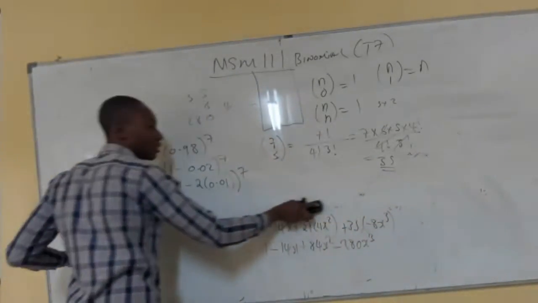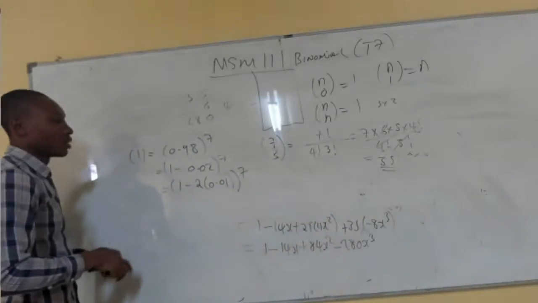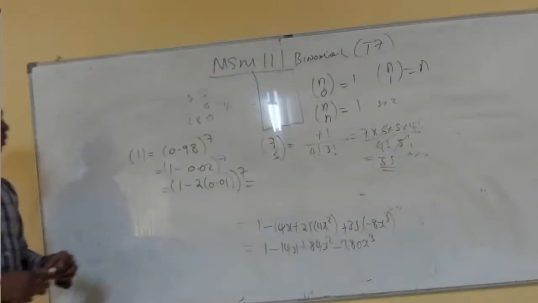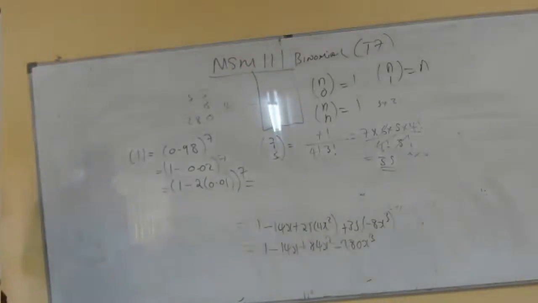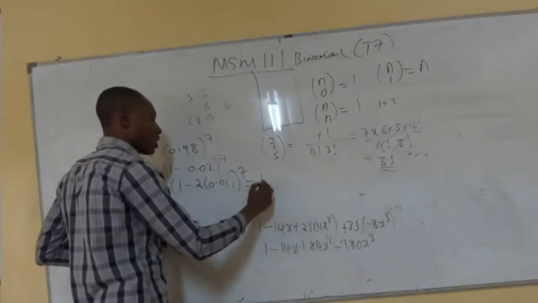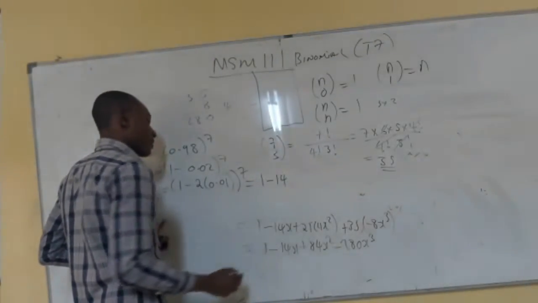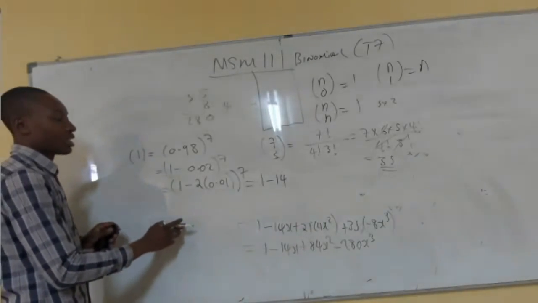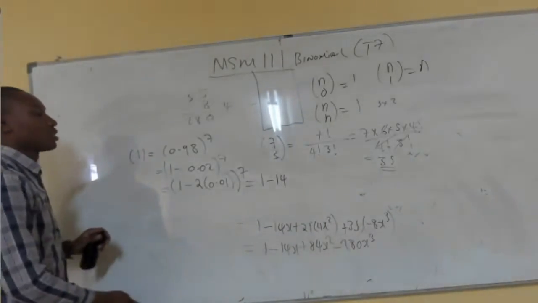Erasing that part, we have 1 minus 2 times 0.01 to the power 7. So this is actually the same as this thing here, so it's 1 minus 14x. If you compare the two, you notice that this is an exact expansion for this one.